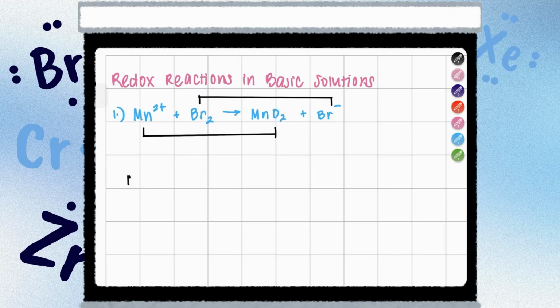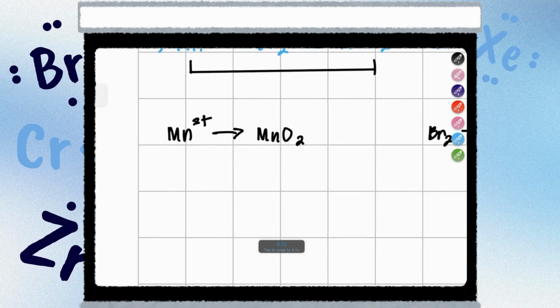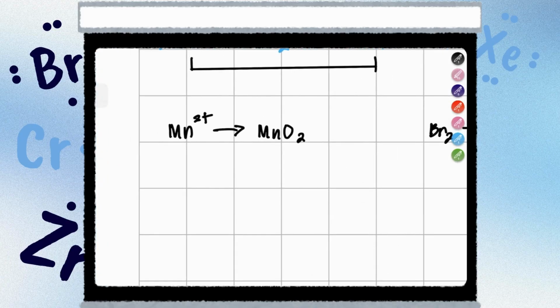So Mn 2 plus, then MnO2, and Br2, Br minus. Let's get the oxidation number of manganese.